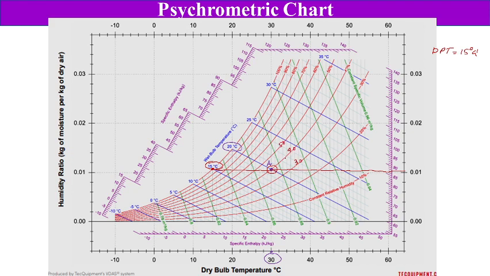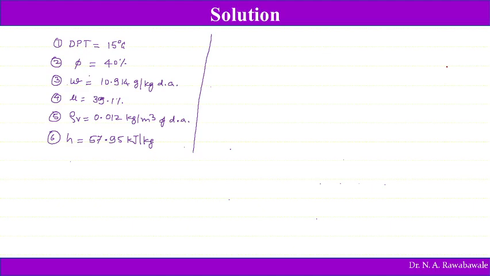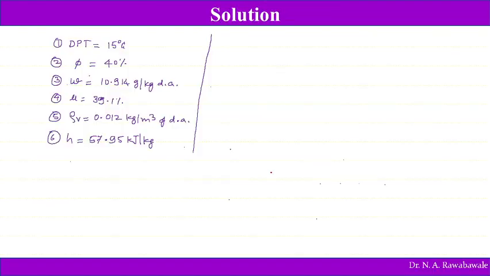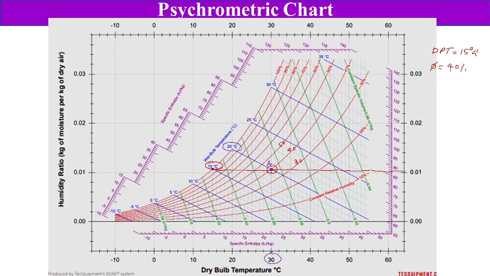This curve is passing through the point, therefore relative humidity phi is 40%. The next thing asked is omega, specific humidity. Corresponding to this point A, here is the specific humidity.